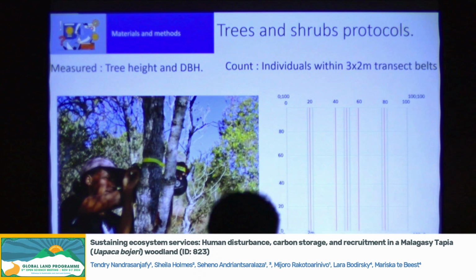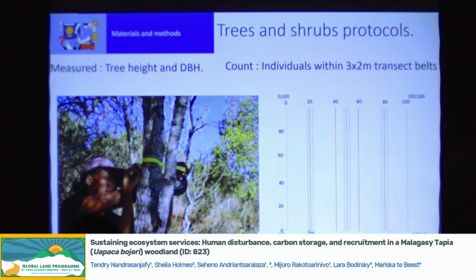I think most of the studies on biomass choose the point of measurement as 1.3 meters. So that is considered a standard point to measure DBH.